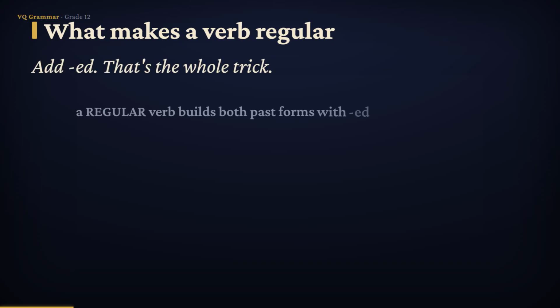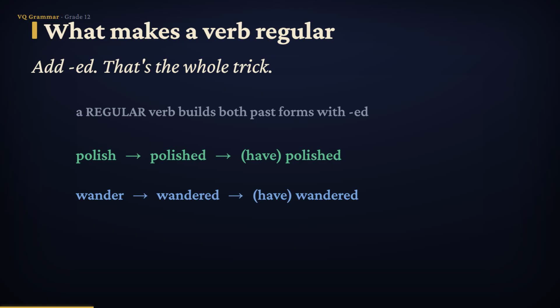So what exactly makes a verb regular? This part is genuinely good news. A regular verb forms its past and its past participle in the very same easy way. You just add ed to the base. Take polish. The past is polished, and the past participle is polished. Take wander. The past is wandered, and the past participle is wandered.